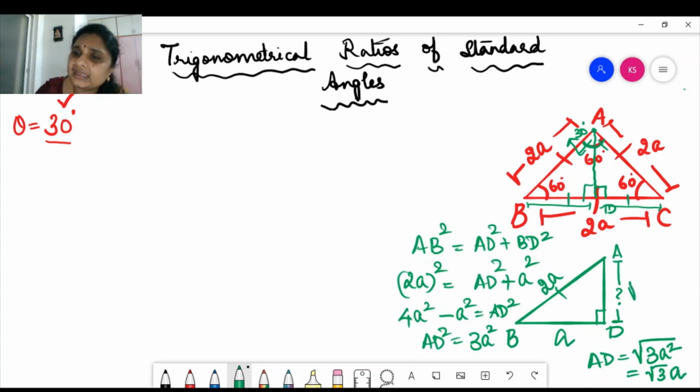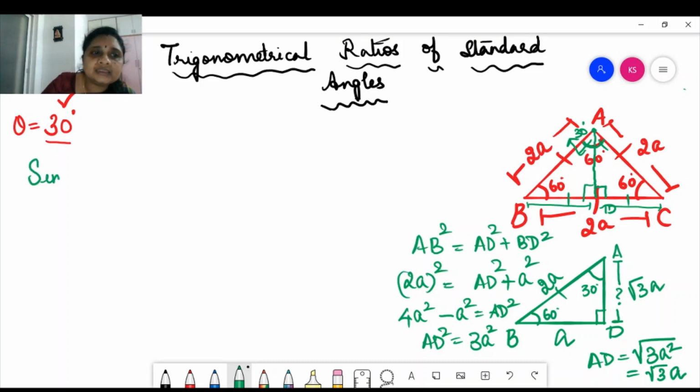So my AD's measure is root 3A. Now with that, I'm going to quickly find the T ratio values because I have all three sides of this particular triangle. So now this angle is going to be 30 because AD has bisected the 60-degree angle, and this is 60. So now let's start finding the T ratio values.